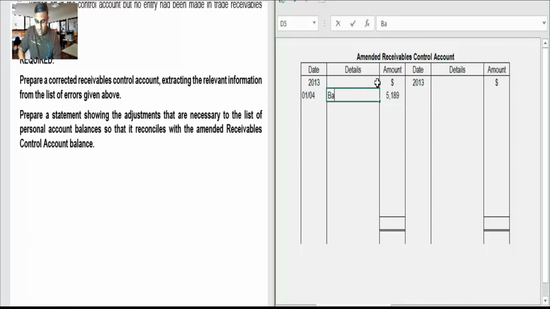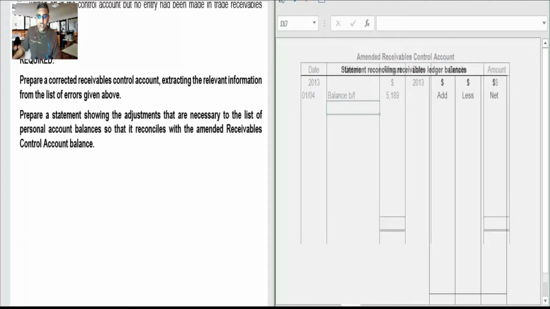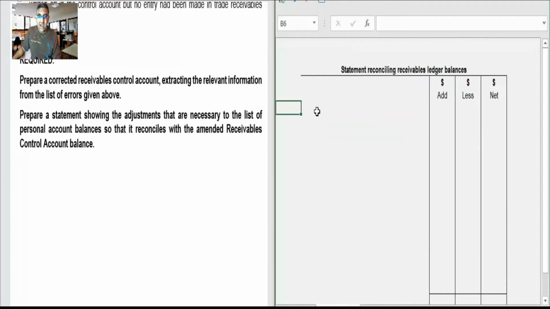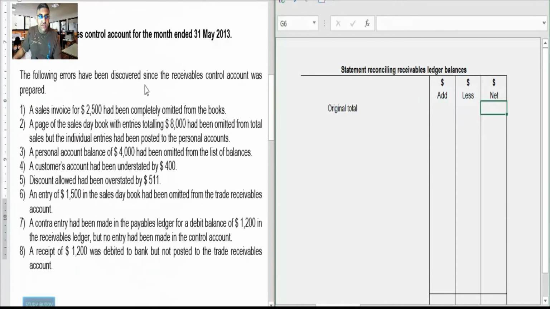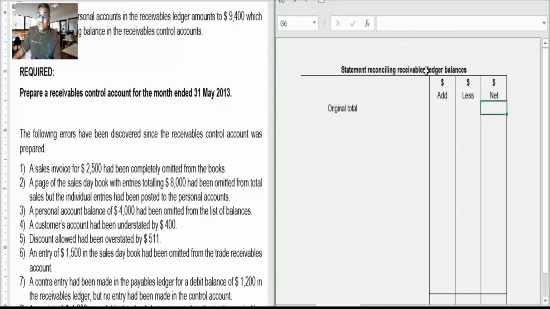And that's the opening balance. At the same time, even the statement of reconciliation should have an opening balance as given in the question. So the original total as per the question is $9,400. Yeah, here it is.